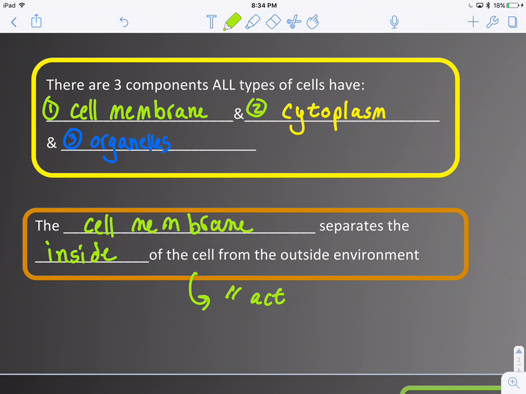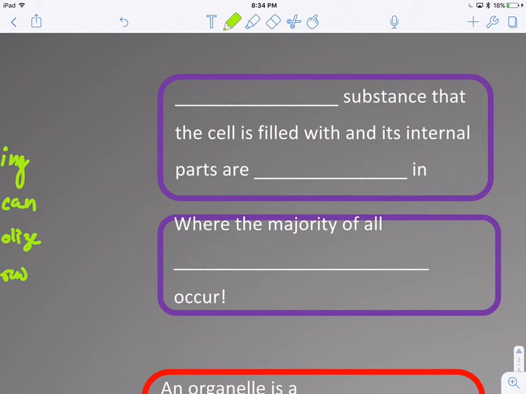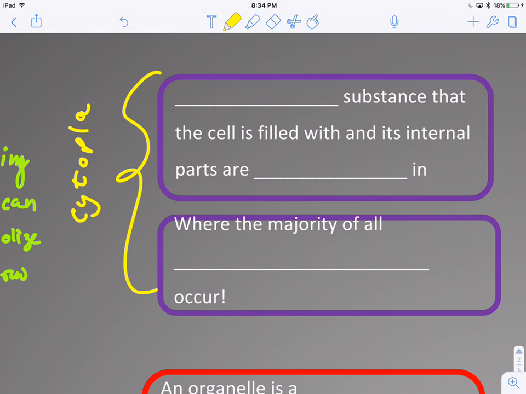It acts as a wall with doors, because it does let certain things in, okay? Up here, these two things that we're going to be talking about right here, these have to do with the cytoplasm, okay?